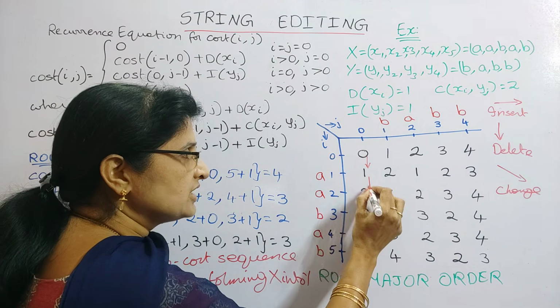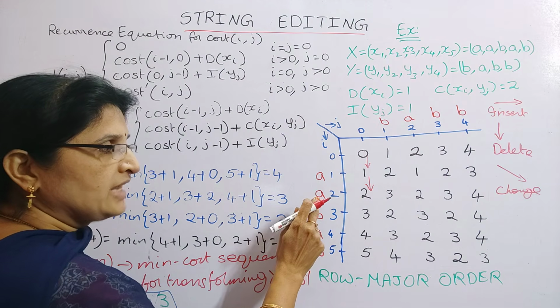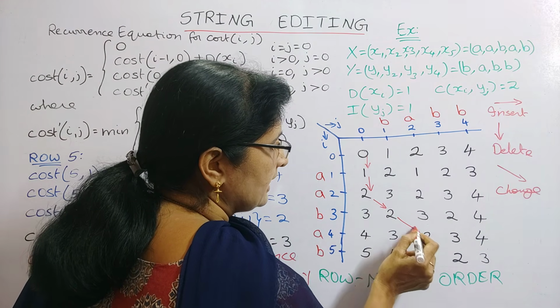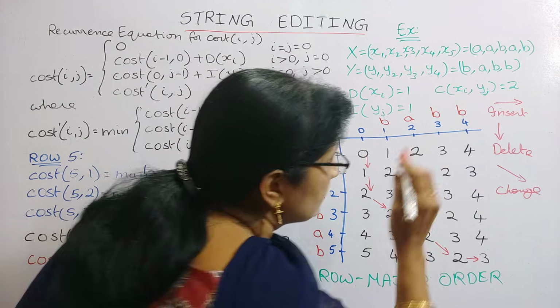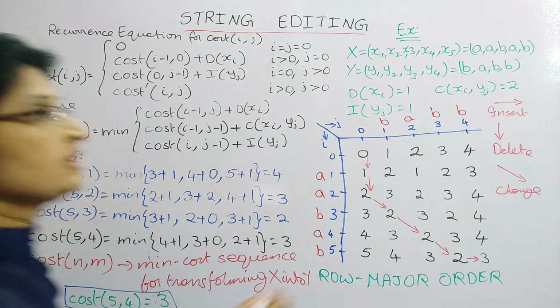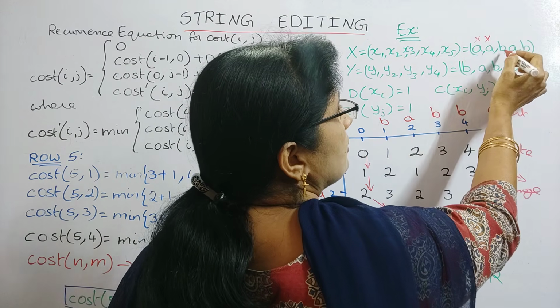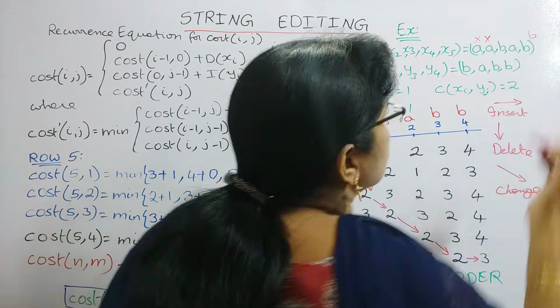Next again it is changed, so you have deleted the second symbol, that is x2. Next the value you went like this, and finally you have inserted the b at the end. So if you delete this a and this a, you will get b, and finally you will insert a b at the end.